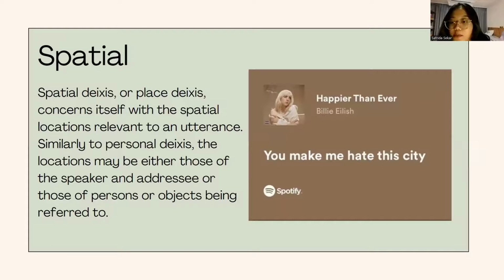The first is spatial. Spatial deixis or place deixis concerns itself with the spatial location relevant to an utterance. Similarly to personal deixis, the location may be either that of the speaker and addressee or that of a person or object being referred to.